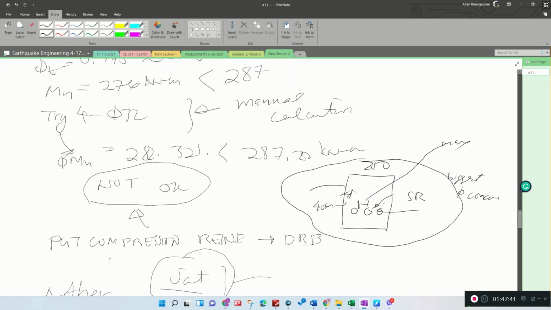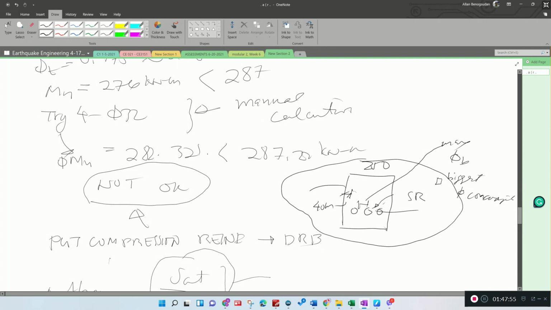Concrete compactor, then dapat makapasok din yung bar diameter niya.